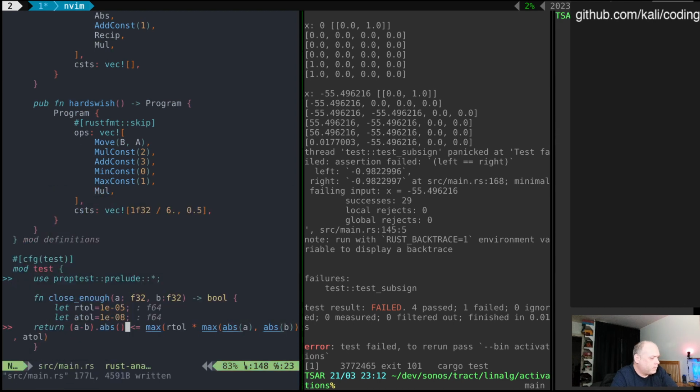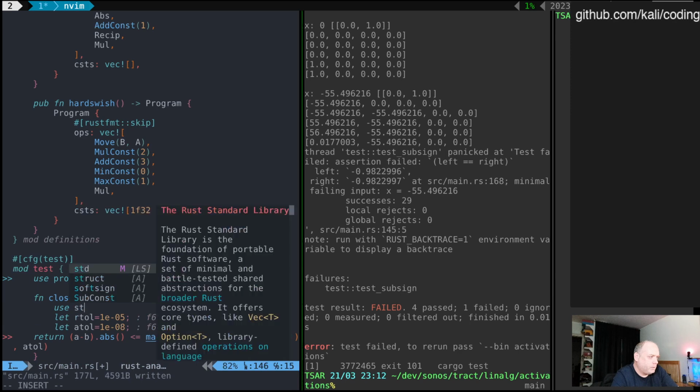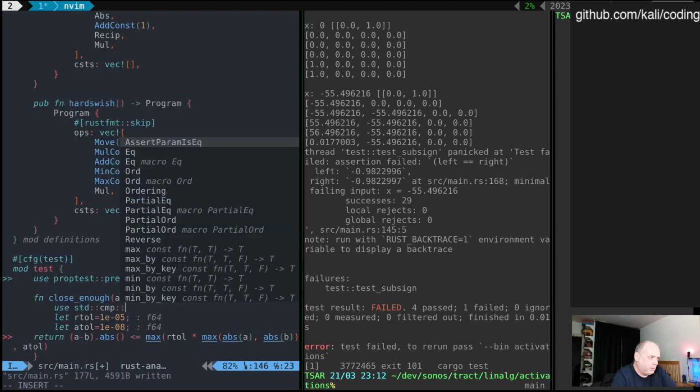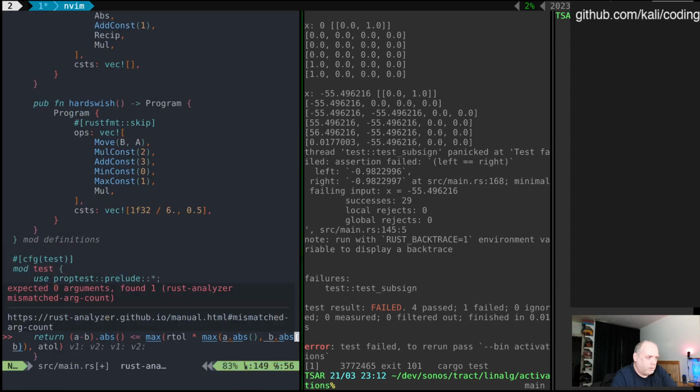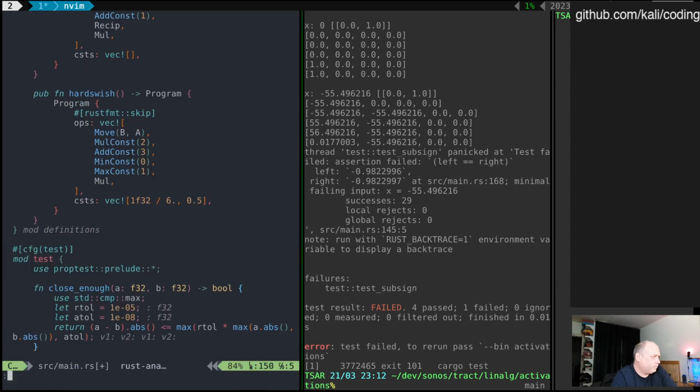It's like this. And I'm going to import use std cmp min and max. Just max. Abs of A and abs of B, A.abs, B.abs. Here we go.